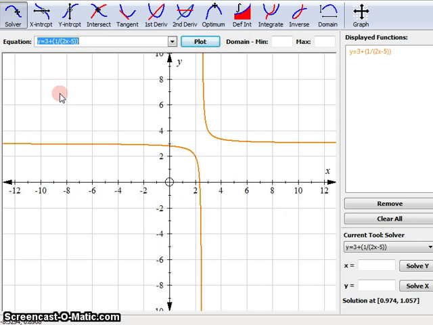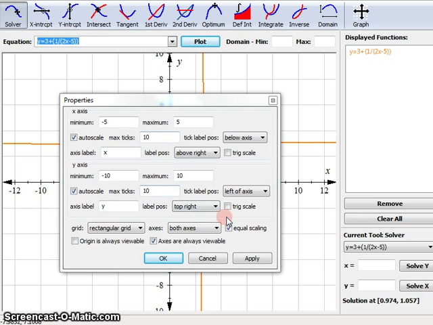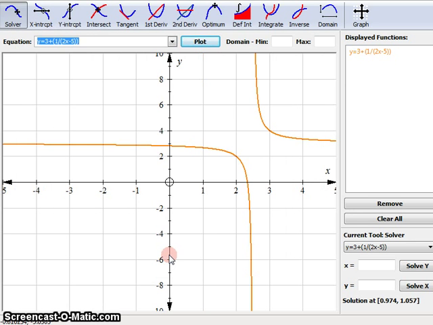No, it's not going to do that. Turn that off. Okay, much better. Alright, so we're going from -5 to 5, and we can see that it's got this sort of reciprocal function look to it. And that's what we're going to need to reproduce in our graph.